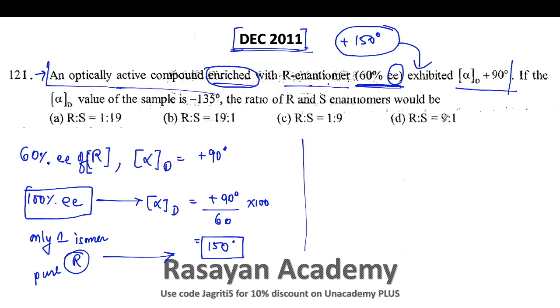Okay. Now, the second part: the alpha D value of the sample is minus 135. Wait a second. You might be confused that if it is 60% enantiomeric excess, how did minus come here?